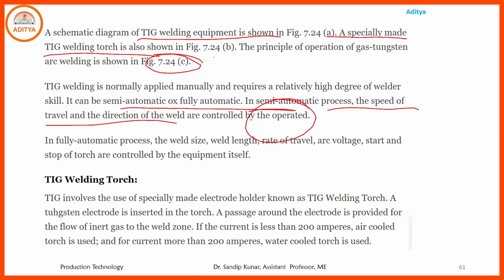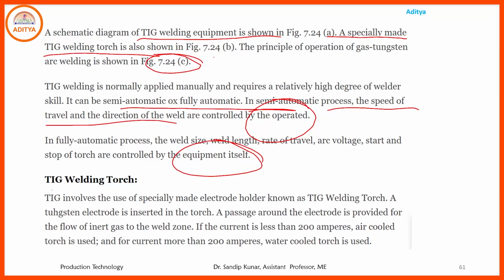In the fully automatic process, weld size, welding direction, rate of travel, voltage, and starting and stopping of the torch are fully controlled by the equipment itself.